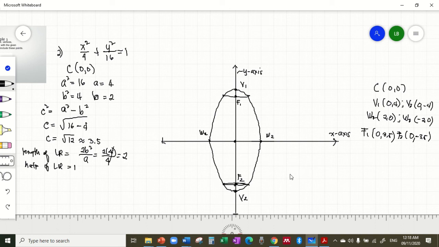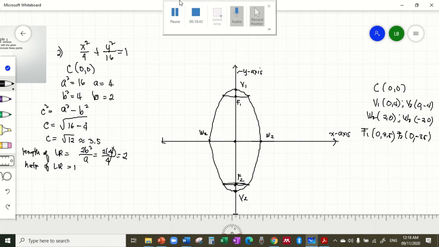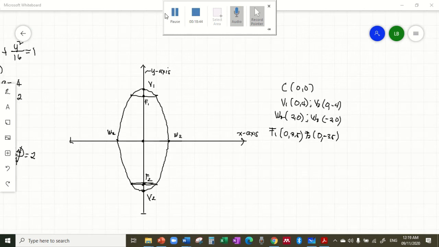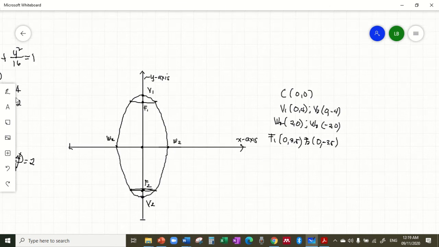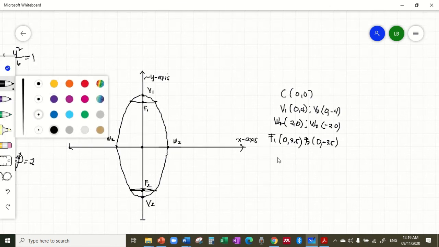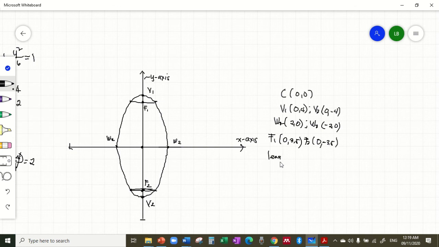So, okay, the length of major axis is 8.